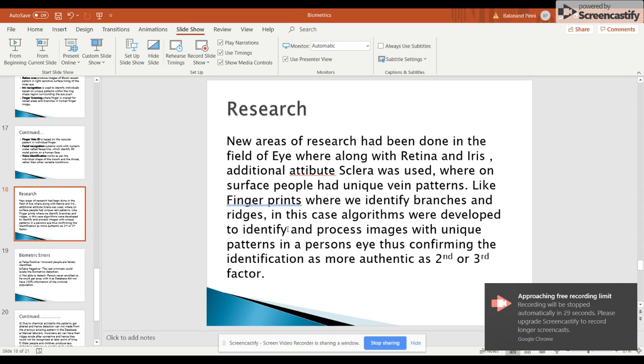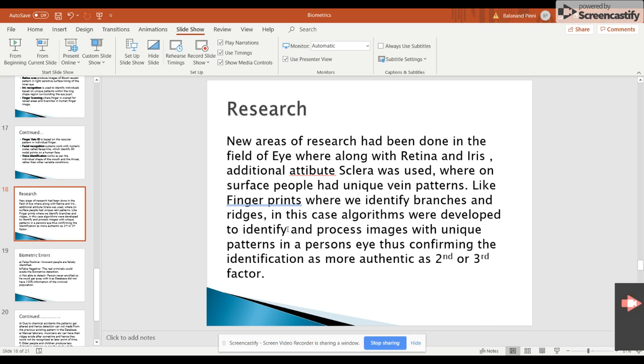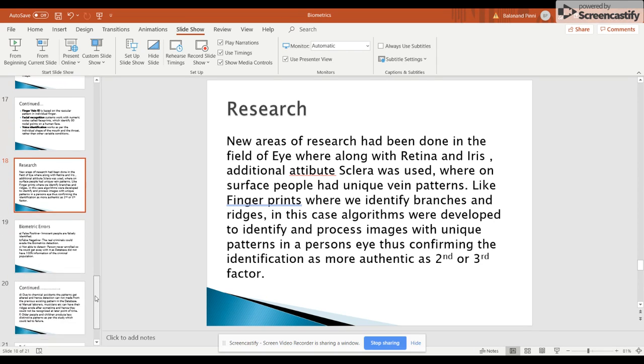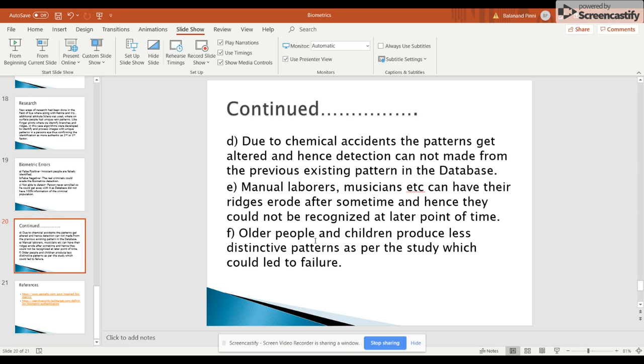Just now we spoke about the ridges, where they take a minimum of 9, because it should be more than 8 as per the US law, confirming this in terms of patterns and then comparing with the existing one through algorithms. These algorithms are developed to process the images. Due to chemical accidents, these images can be altered. For musicians, their fingers can also be altered.